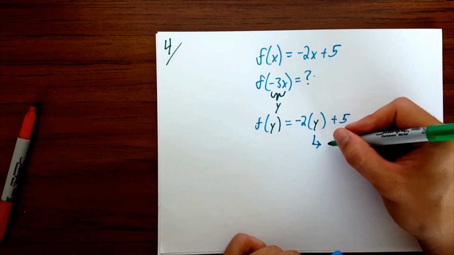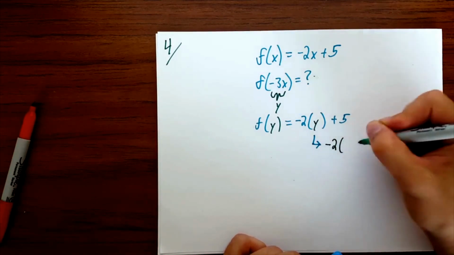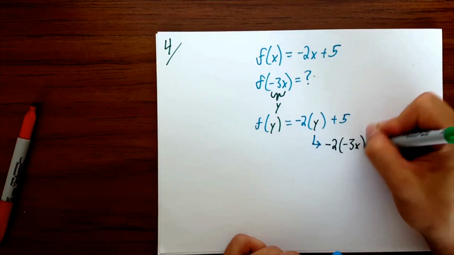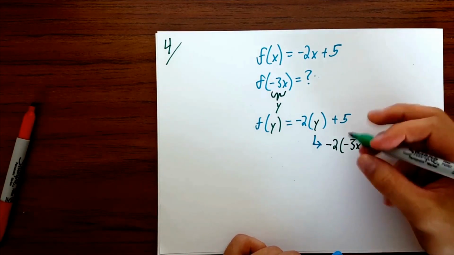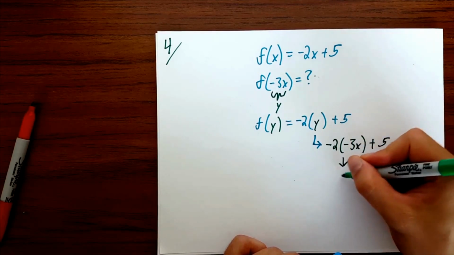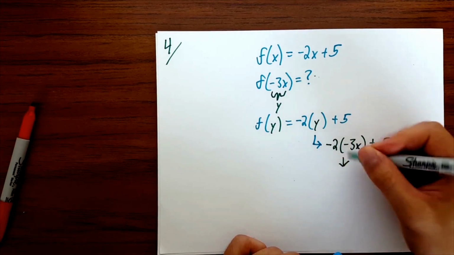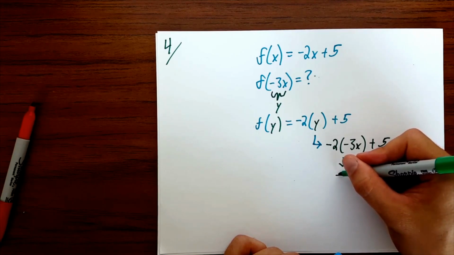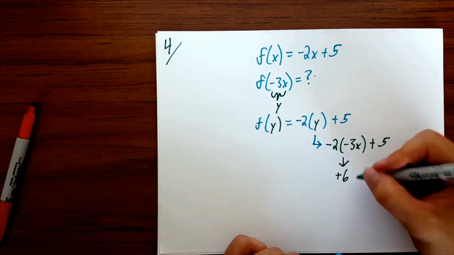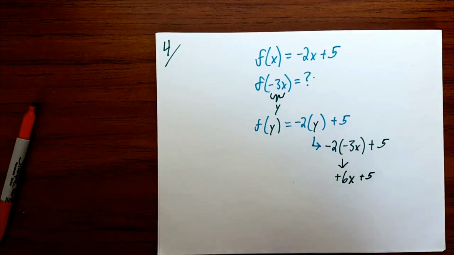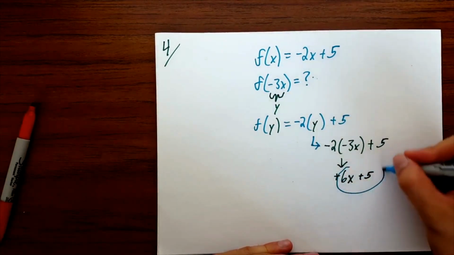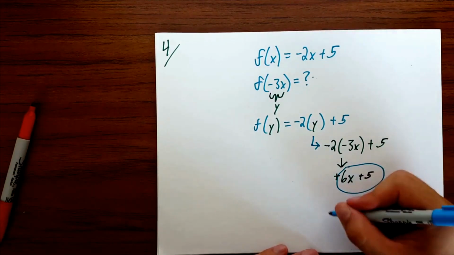So you're going to have minus 2 times minus 3x plus 5. Now you can multiply this in, and minus 2 times minus 3 is minus minus, which is plus. So 6x plus 5. This is your answer, which is B.